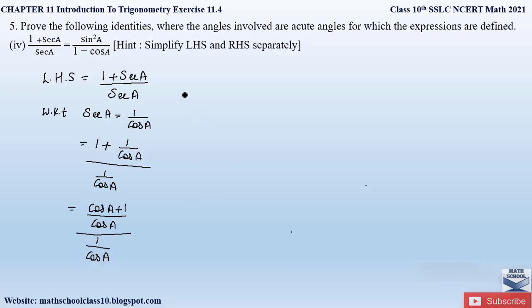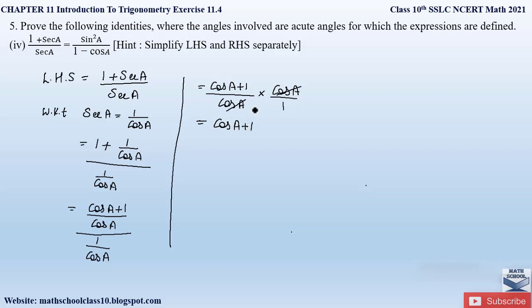So by doing so we get cos a plus 1 divided by cos a. The numerator will remain as it is, and when we change the division to multiplication, our denominator will reciprocate. So this will become cos a divided by 1. So this cos a and cos a will get cancelled. So we will have only cos a plus 1 in the numerator.